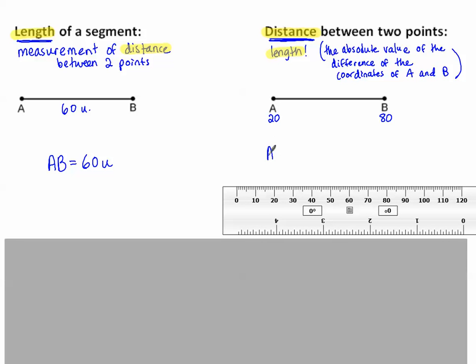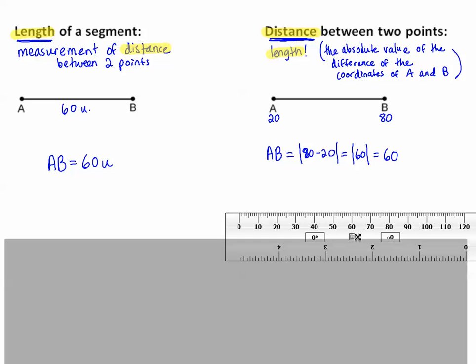So I calculate from A to B. It's the absolute value of the difference between the coordinates. Remember, difference means subtract. So 80 minus 20, and I'm going to put the absolute value because we said it's absolute value, but because 80 minus 20 is a positive number anyway, I don't really need them. It's 60 units.